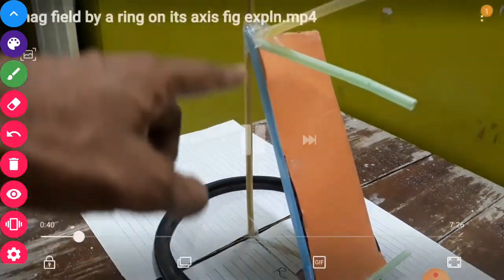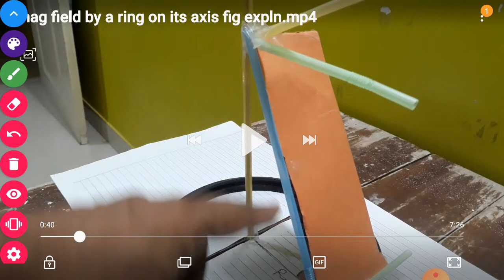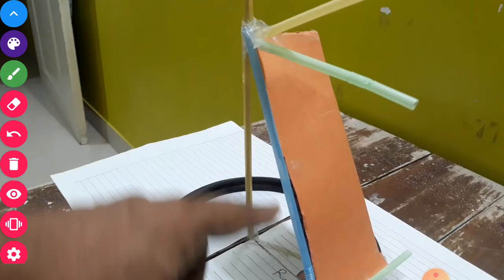This blue colored straw is showing the distance of that point P from that current element, that is dl. Let me draw it again for you.